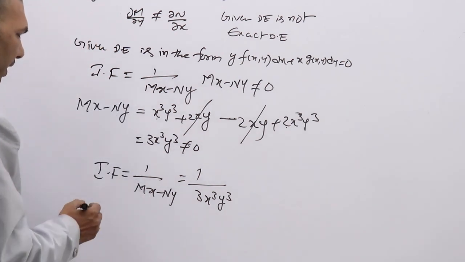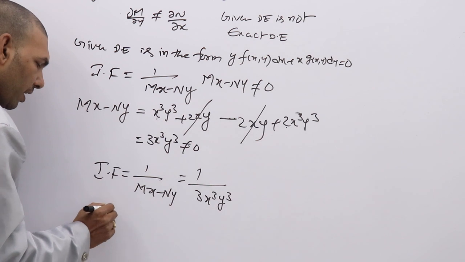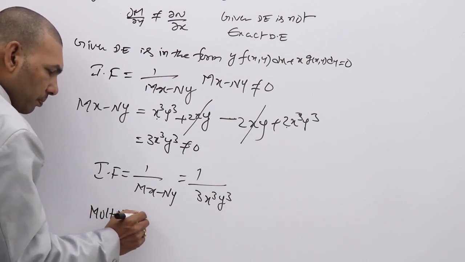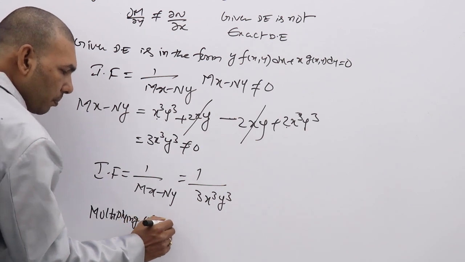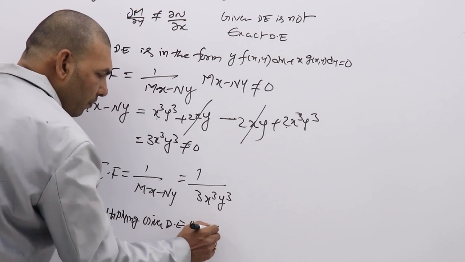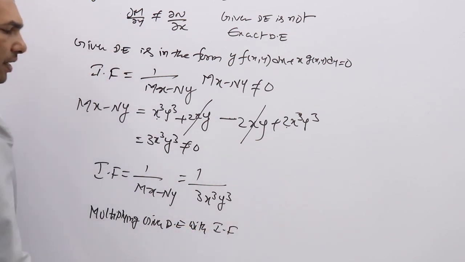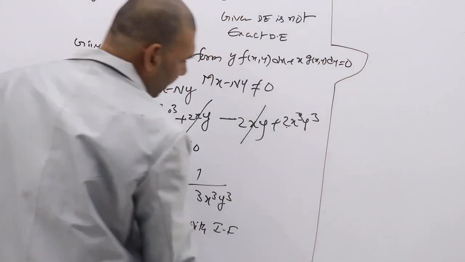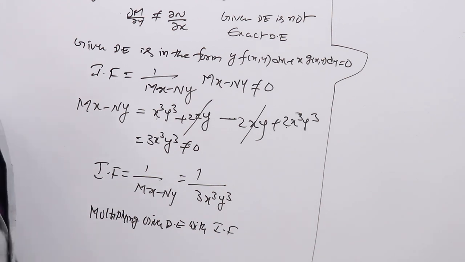Now multiply the given d with the integrating factor to make it exact. Multiplying the given d with the integrating factor, that means 1 by 3x cube y cube. If you multiply the given d with the integrating factor, what happens?